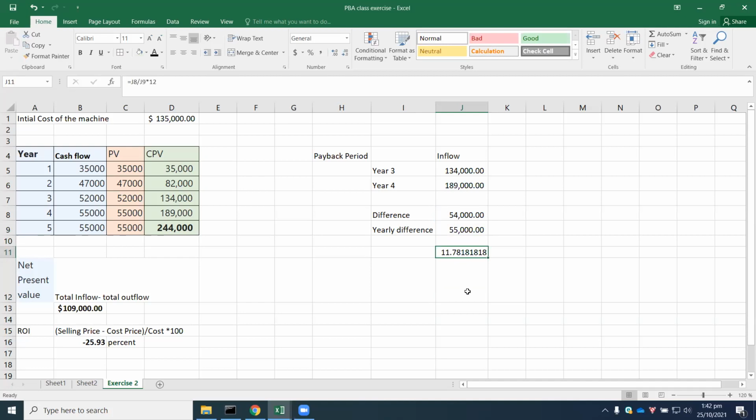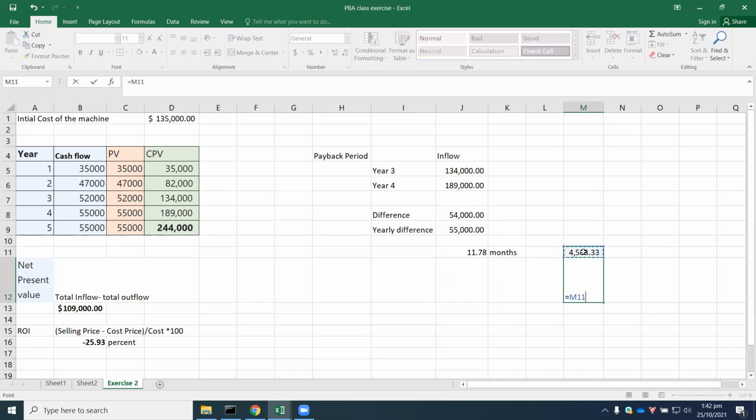So that's 11.78 months. If you want to cross check, your yearly difference divided by 12 gives a value of $4,583.33. This value multiplied by 11.78 gives you $54,000.